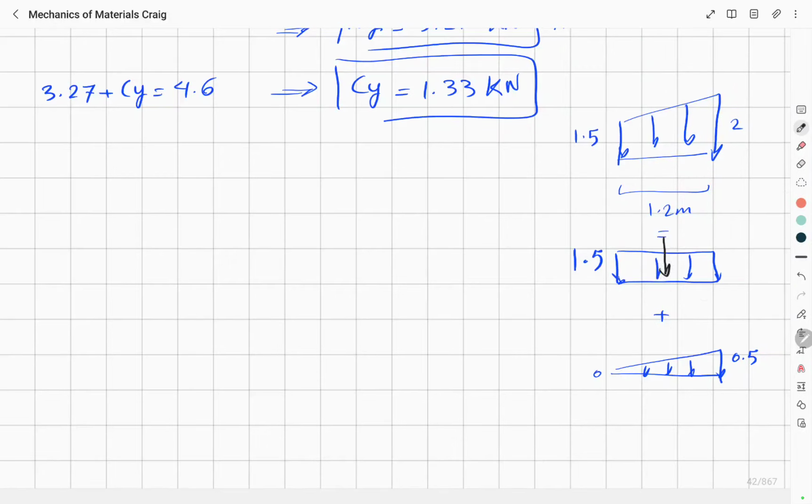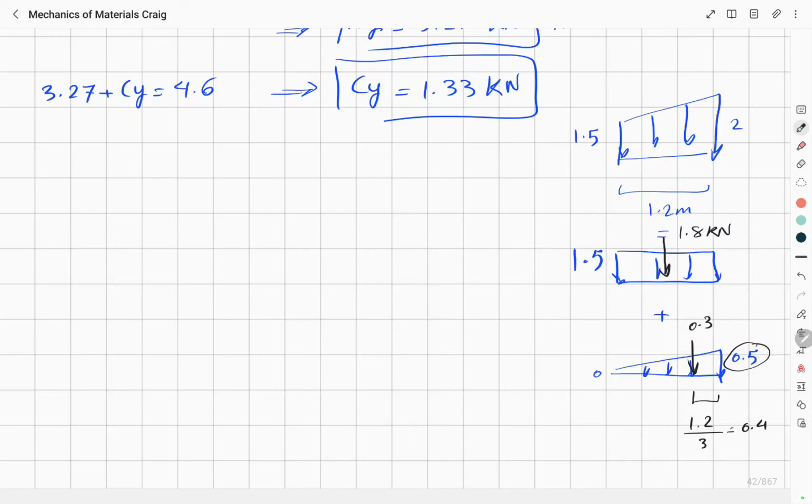So this will be 1.5 multiplied by 1.2, which is 1.8, and this will be 0.5 multiplied by 1.2, and then divided by 2 because this is triangular. This will be 0.3, and this distance would be 1.2 divided by 3, which is 0.4.